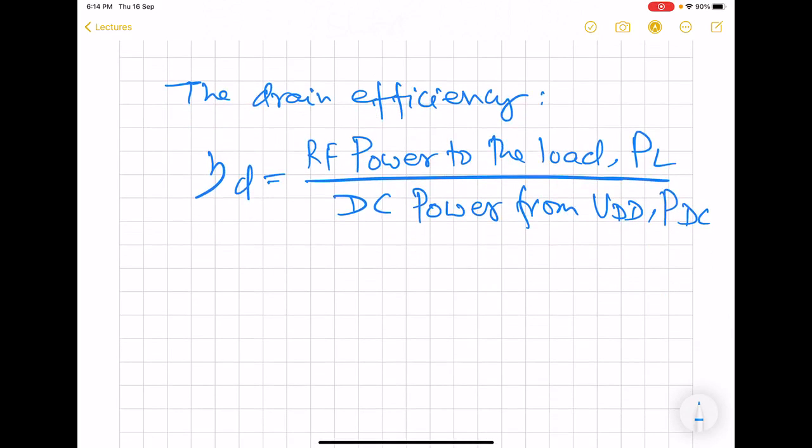So our objective is to find PL and PDC. Once we know this, we know the efficiency, and then we will try to see if it is possible to maximize it under suitable condition of the input.